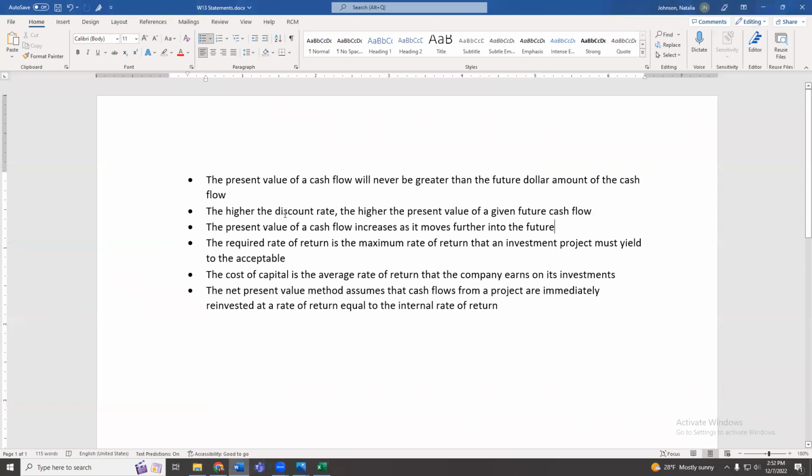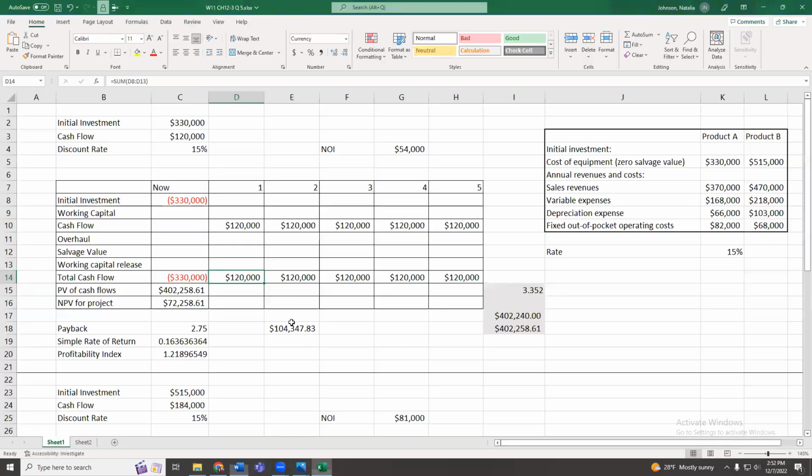The second one says the higher the discount rate, the higher the present value of a given future cash flow. This one is false, because actually the higher the discount rate, the lower the present value of a future cash flow. And you can do the same thing: for example, the present value of 120,000 for 1 year at 15% is 104,000.